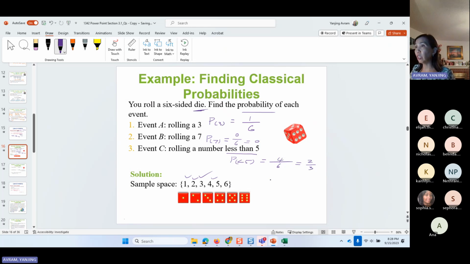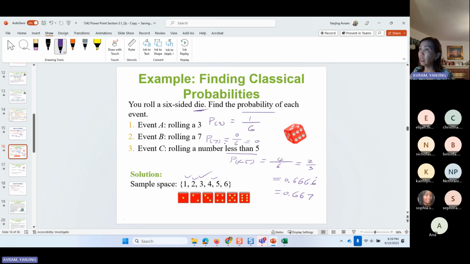Or if you convert it into a decimal, usually it will ask you to round to 3 decimal places or something like that. You can use a computer to round to 3 decimal places. It's 0.666, repeating on 6. So if I round to 3 decimal places, it's 0.667. Otherwise, you type the exact answer.